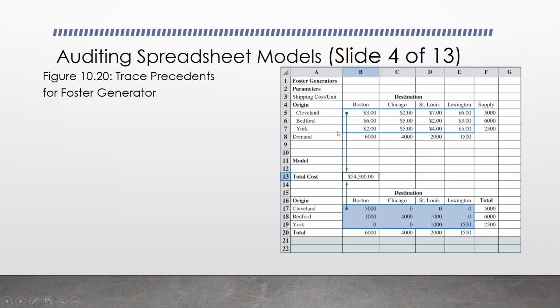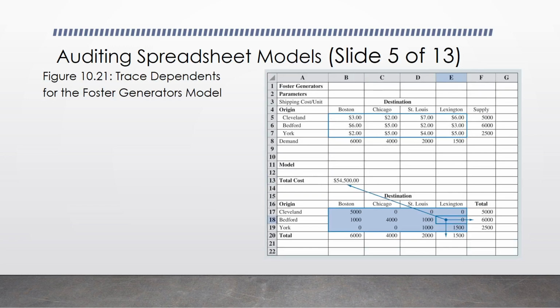And it shows the arrow of the dependence where this formula is taking from the different cells. And this figure shows the trace dependence for the Foster Generators model.